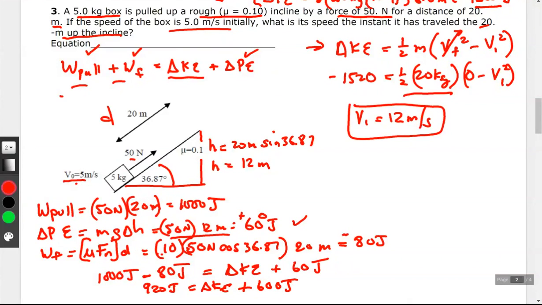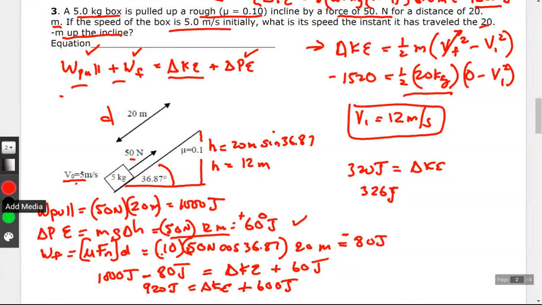So now I subtract 600 from both sides of the equation. I get 320 joules equals change of KE.